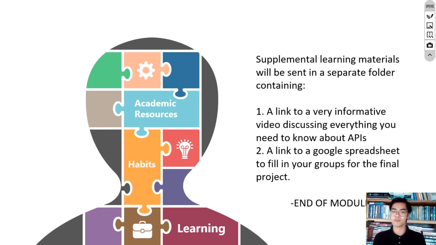Now, supplemental learning materials will be sent in a separate folder or file containing a link that I already stated in our course content video. It's very informative. It discusses everything you need to know about APIs, and the link to the Google spreadsheet to fill in your groups and topics for your final project. Also, I have an essay question on that document. I'm curious what your answers are going to be, because as we discussed, APIs can be anything.